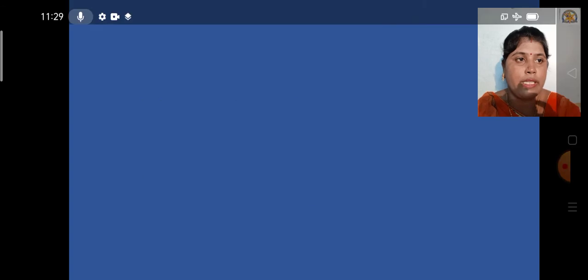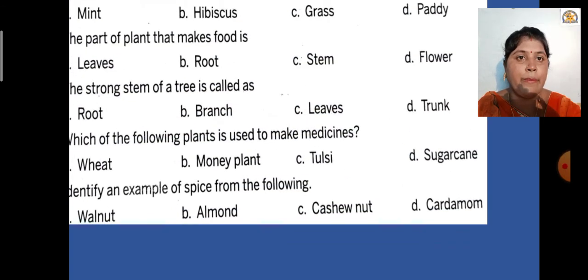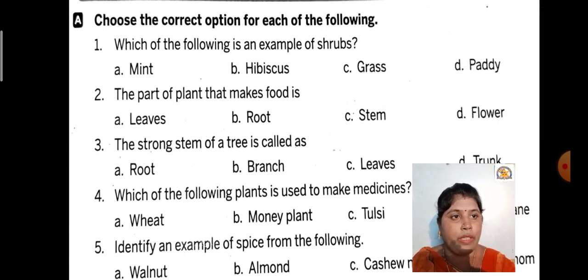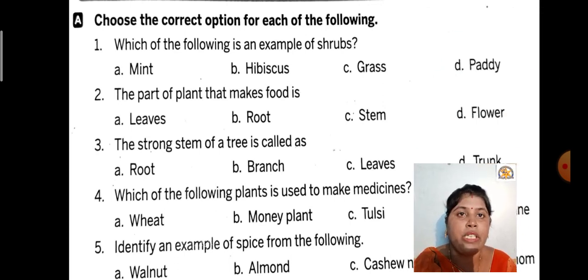So let us start exercise number A. Choose the correct option for each of the following. So see, this is the combined exercise. I am repeating, combined means this exercise is related to both lesson number 1 and lesson number 2. So think and then answer.